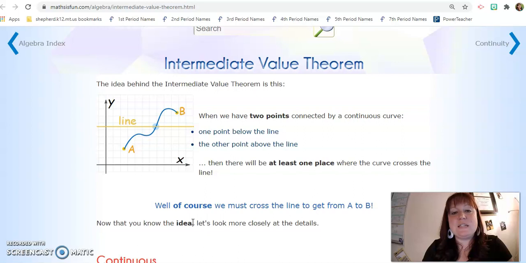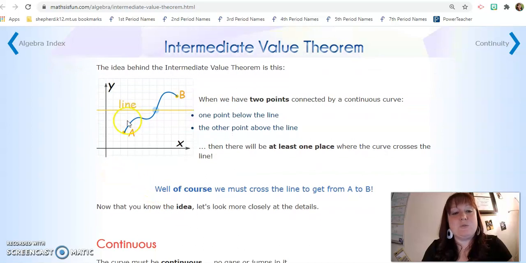The idea is when 2 points are connected by a continuous curve, here's a continuous curve, to get from one point below a line to another point above the line, you have to cross through the line.